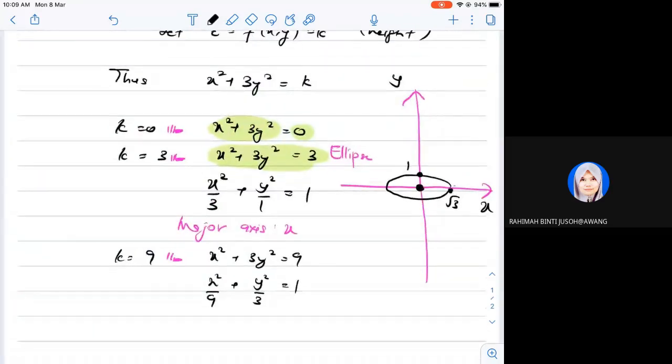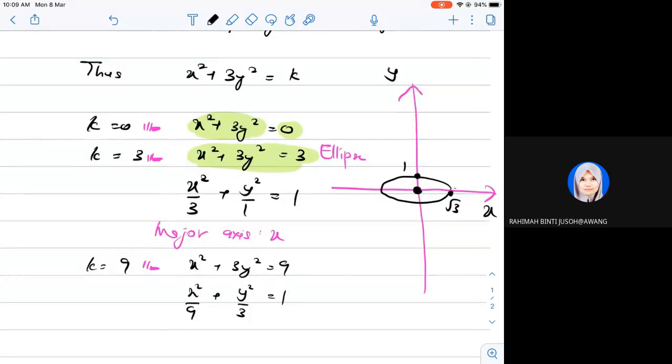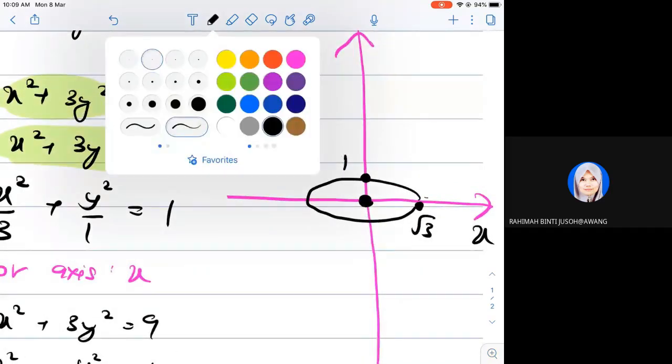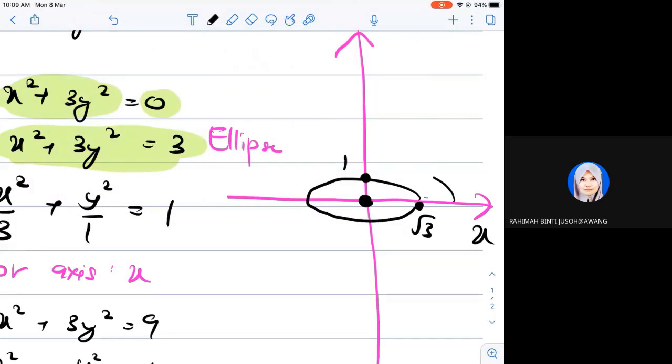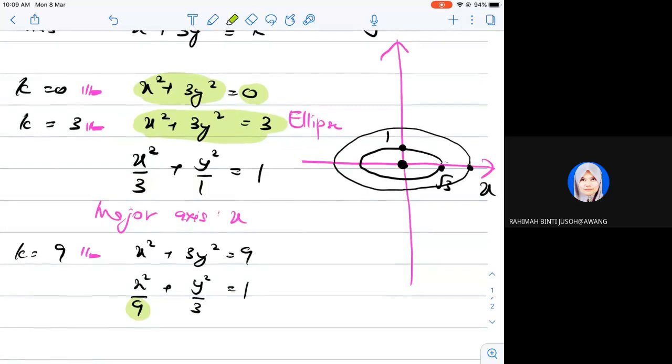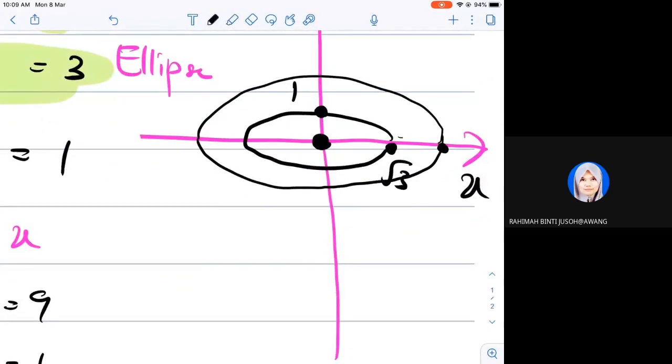So again, we will have an ellipse, but it should be bigger than the previous ellipse, a bit longer. The value here is square root 9, so it should be 3.